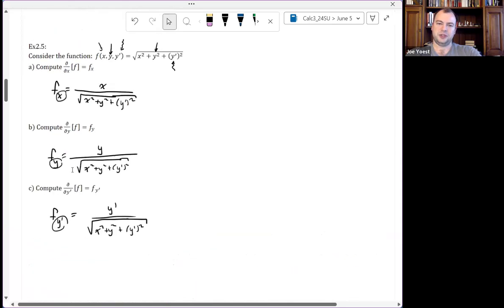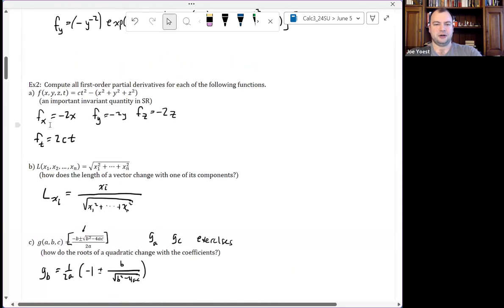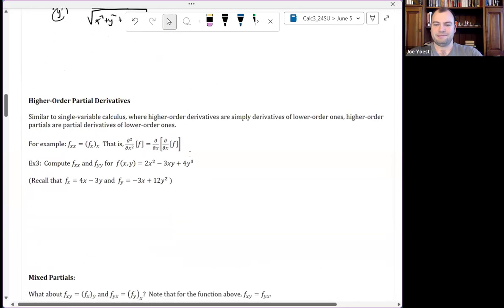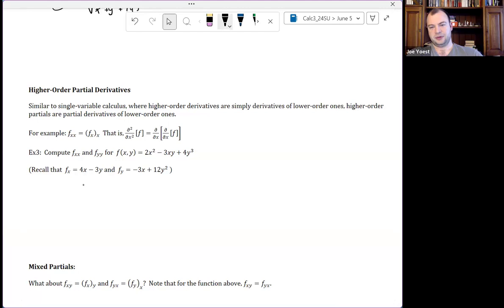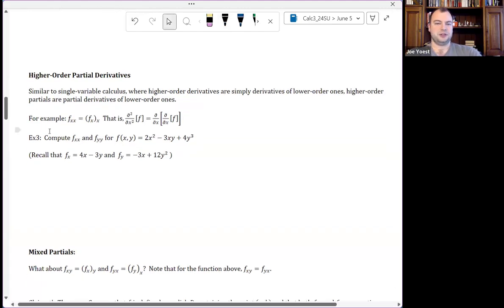Okay, so one thing that we notice is that our first partials typically end up being functions. And therefore, just like single variable calculus, we can take their partials. So for instance, I could take the partial of f with respect to x.